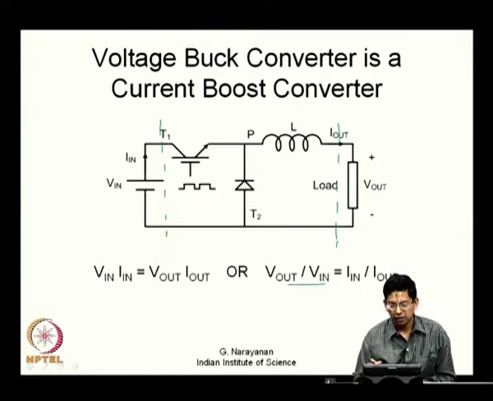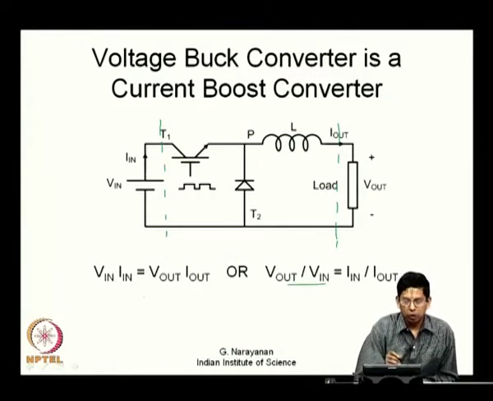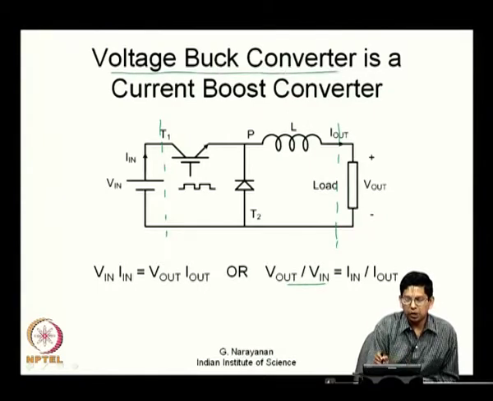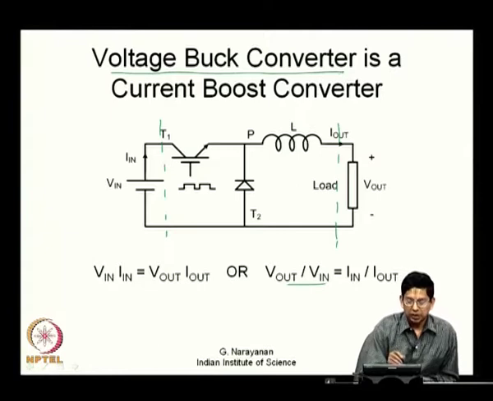You have V out lower than V in, you will have I in lower than I out, or I out greater than I in. So, if it is a voltage buck action, this is because of this power balance here, if the output voltage is less than the input voltage, the output current will be greater than the input current. Therefore, a voltage buck converter, what we commonly call a buck converter, is actually a voltage buck converter, and this is actually a current boost converter.